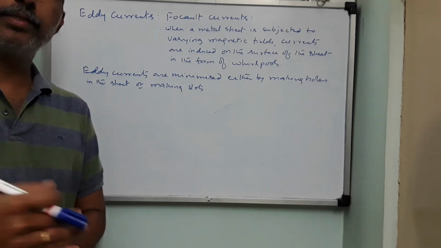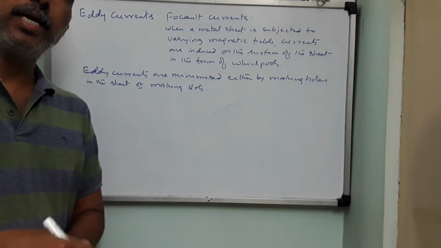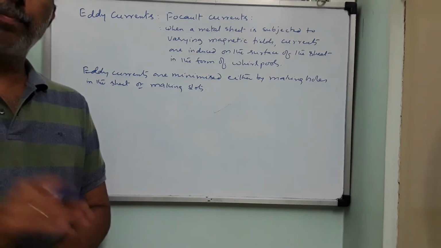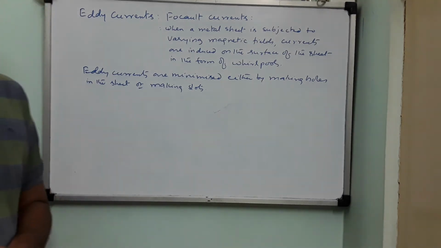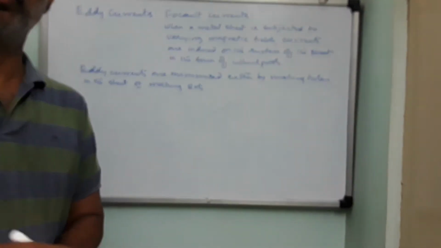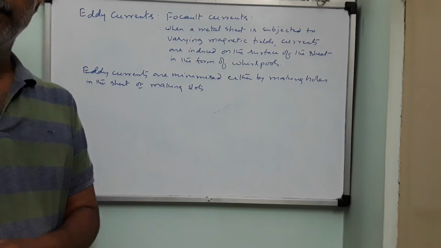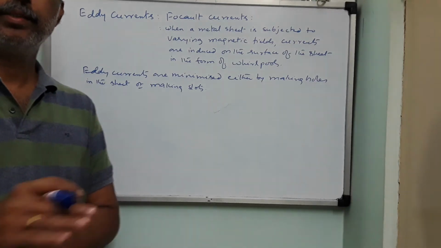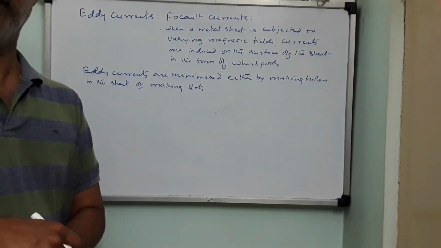When you activate these electromagnets, they induce eddy currents in the rails. Once eddy currents are induced, they oppose the motion of the train. As a result, the train will come to a halt very slowly and smoothly. It's not like mechanical braking, where all of a sudden, with a huge jerk, the train will come to stop. These jerks will not happen in electromagnetic braking.